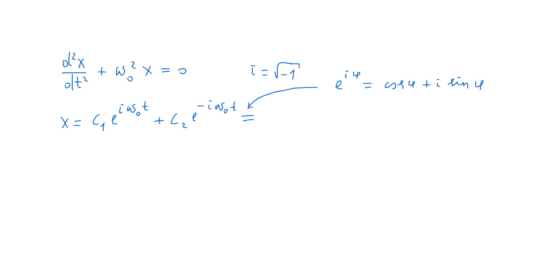So here we have C1 multiplied by cosine omega 0 t plus i sine omega 0 t.